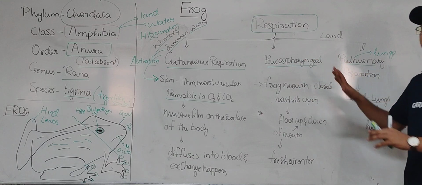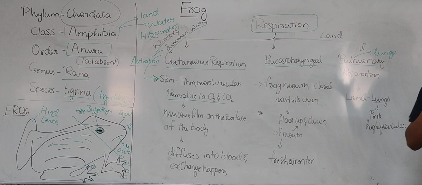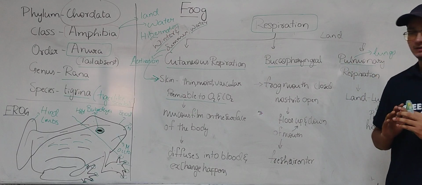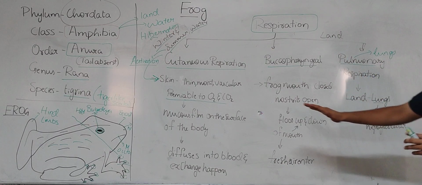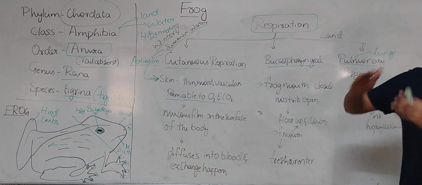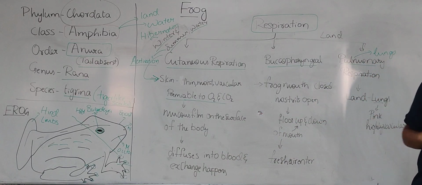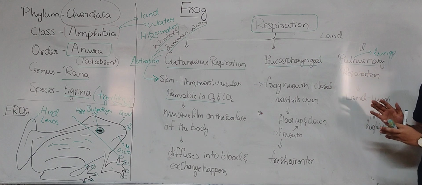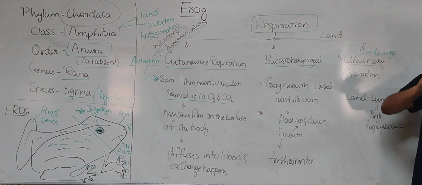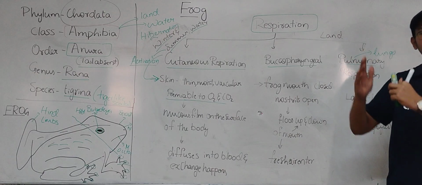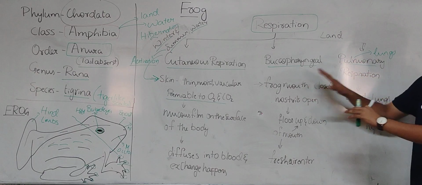In this bucopharyngeal cavity, they have some blood capillaries, so there the exchange of gases happens. Here, the bucopharyngeal cavity has blood capillaries, so the exchange of gases happens, CO2 goes out and oxygen comes in.